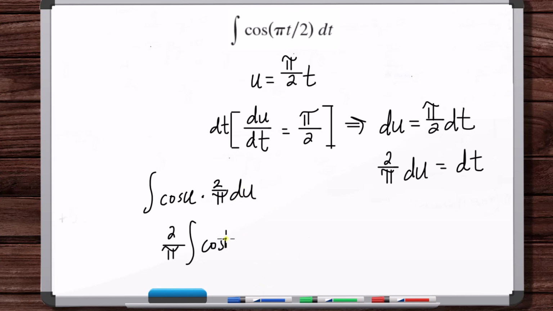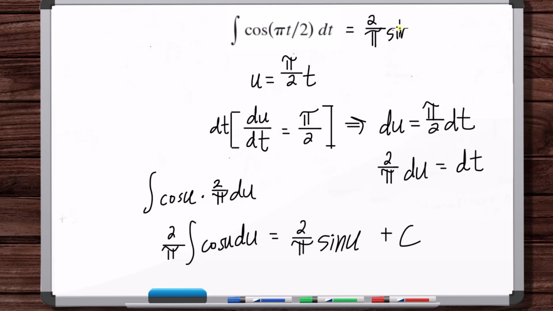So cosine of u du. There we go. So this is equal to 2 over pi sine of u plus c. Okay, but u is pi over 2 t, or pi t over 2.